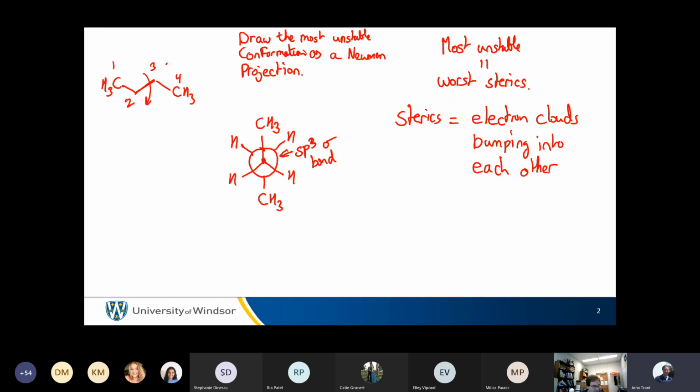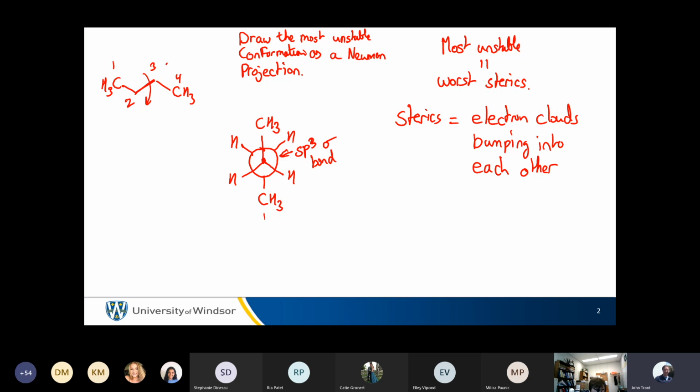And what you can do now with the Newman projection is the same thing you can do in reality. I can rotate that bond. It was up; that was how I had it. So I can rotate the back carbon to different angles. Now the worst one I can get is when the back carbon and the front carbon have their big groups lined up right next to each other. That's the worst possible situation.